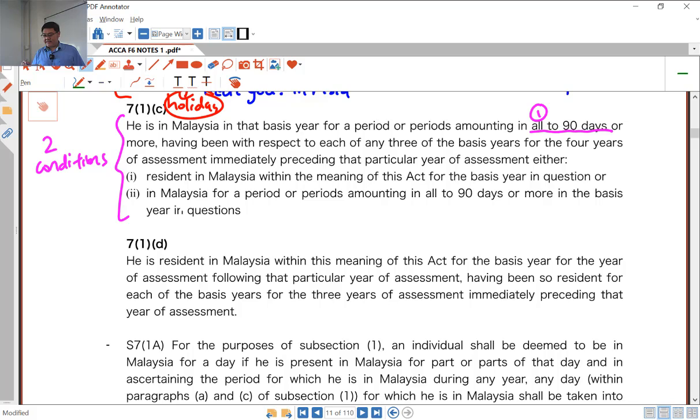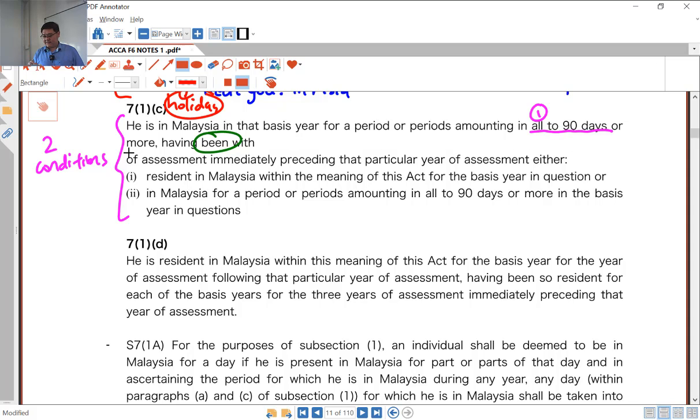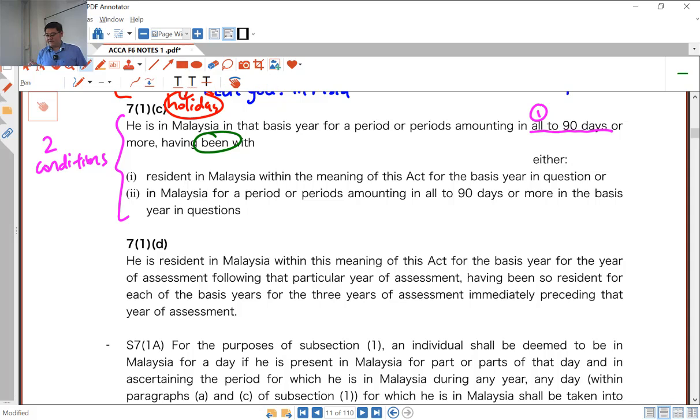Okay, and then it says that you've been... Now, been what? I'm going to delete this part first so that you don't look at it. You've been either a resident, or you've been in the country for at least 90 days or more.